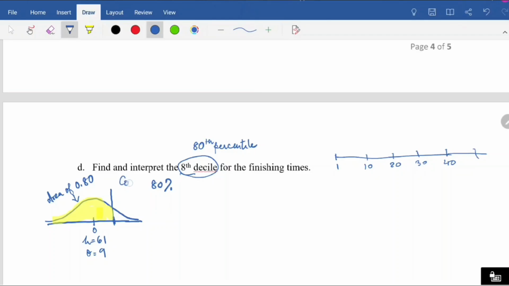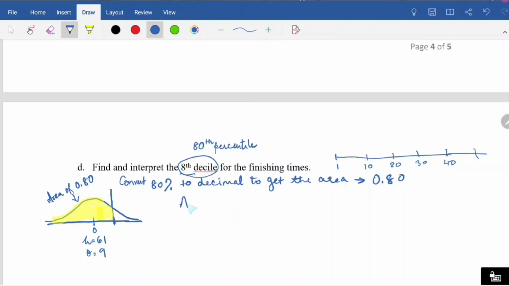So let's write that here. The steps: convert 80% to decimal to get the area, and in this case it's 0.8. So this area is 0.8.